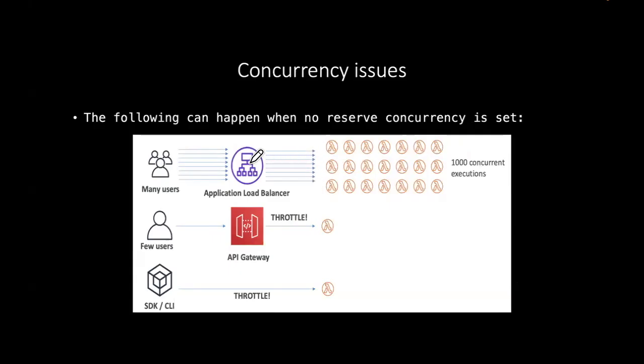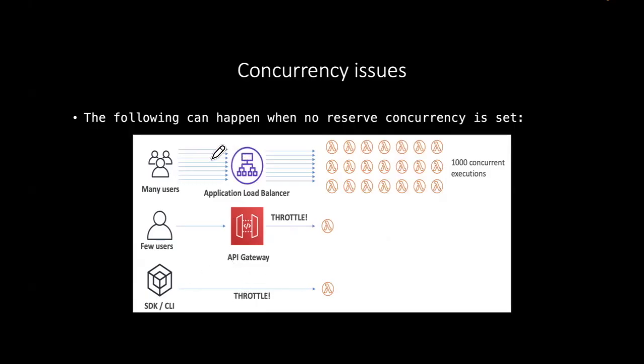It might be hooked up to other things as well, but we're only interested in this side of it. I've got another application that has an API gateway, also hooked up to a Lambda. And I've got another application that has a Lambda over here with a URL associated with it, and some sort of client-side application that can trigger that Lambda. So there are three separate applications.